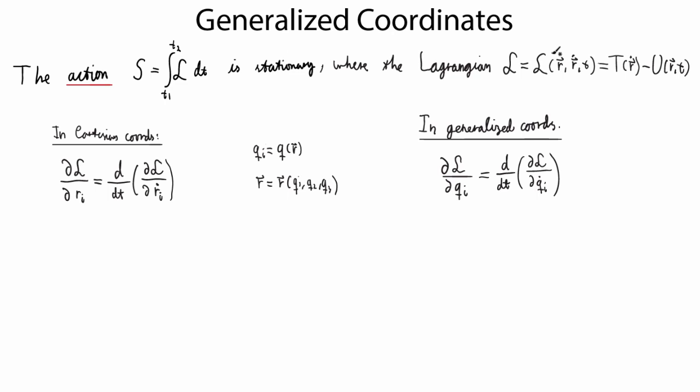In this video, we're going to talk more about generalized coordinates, which we introduced in the last video, where we also introduced several very important concepts for the rest of the course.